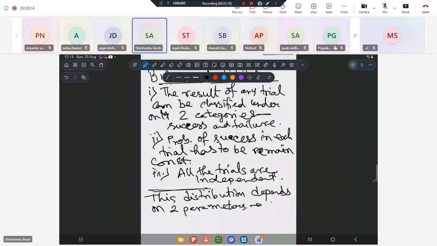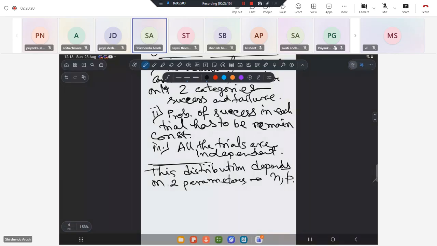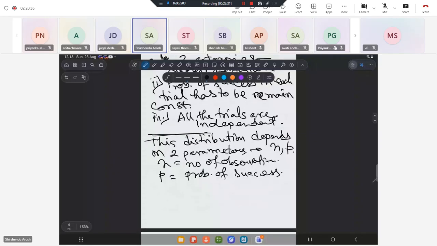So the parameters are n and p. Basically, n is the number of observations and p is the probability of success.